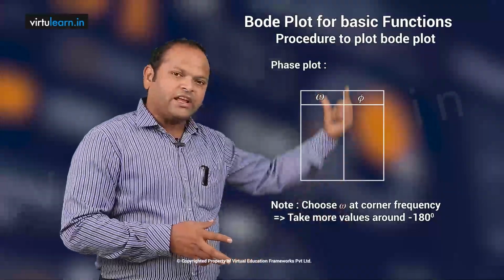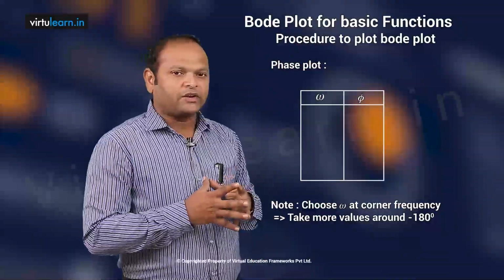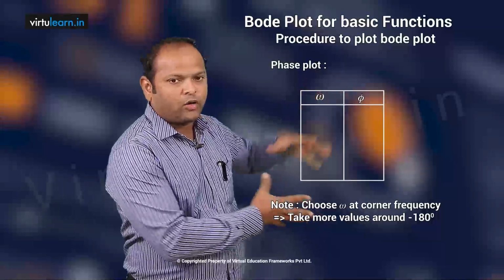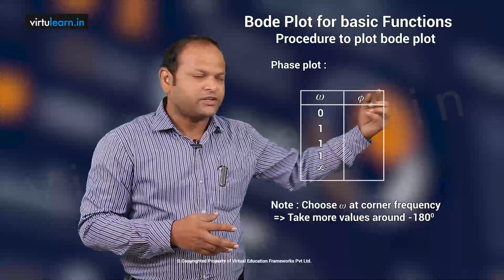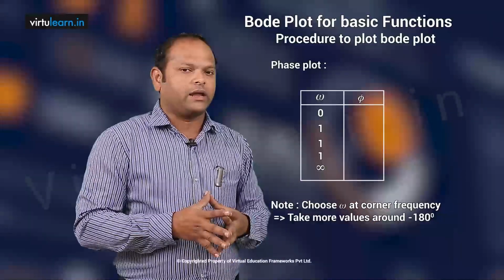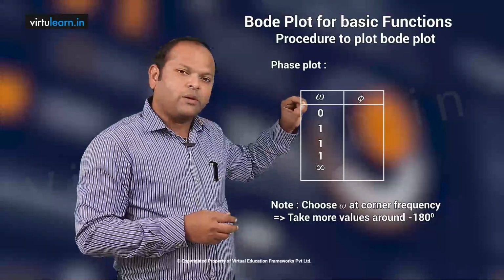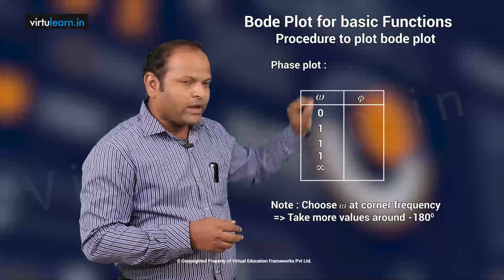What will be the range? This range depends on the previous magnitude frequency range. Depending upon that, choose omega values properly and substitute them in the phase angle expression. Find all the angles in degrees. When you do so, you should compulsorily take the corner frequencies in the omega range.